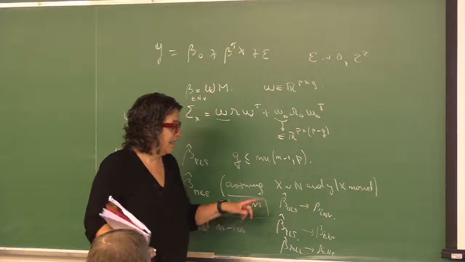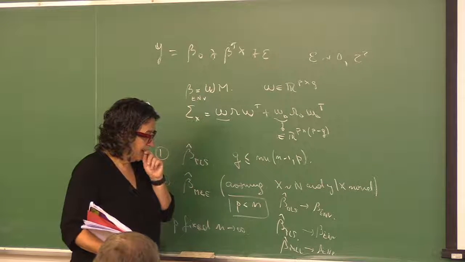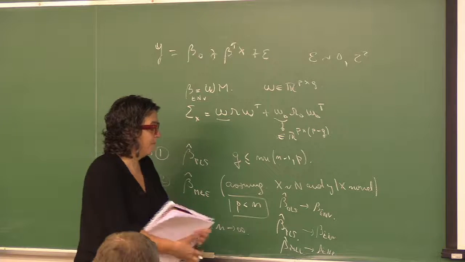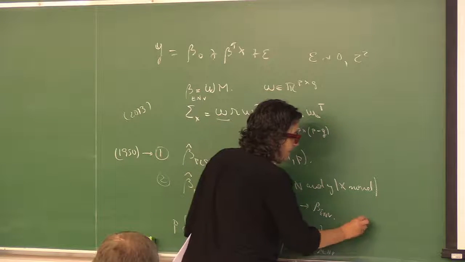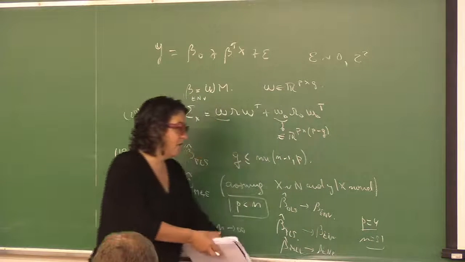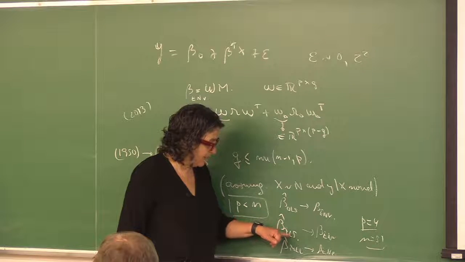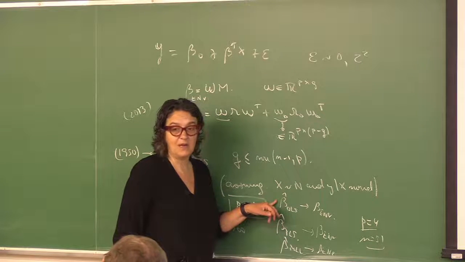And you gain a lot. I showed you one example when P is equal to 4 and N was 51, where the confidence intervals for the betas were much smaller here than in the case of the OLS.